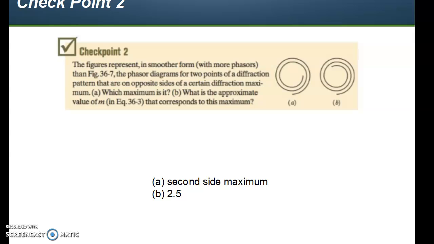What's the approximate value of m that corresponds to this maximum? Okay, and so this would correspond to the second side maximum. And what happens is those are in-between values, right? So it would be 2.5 on here, okay?